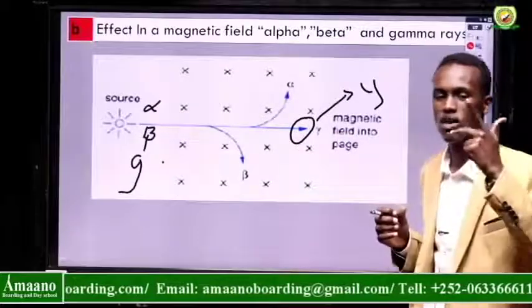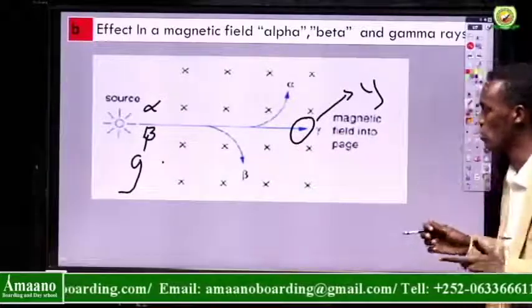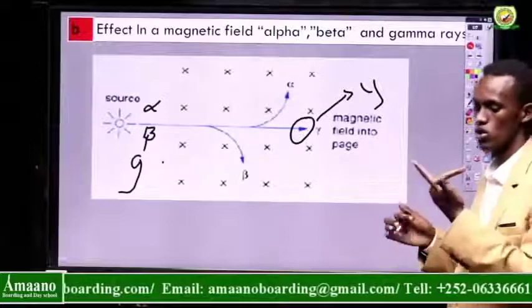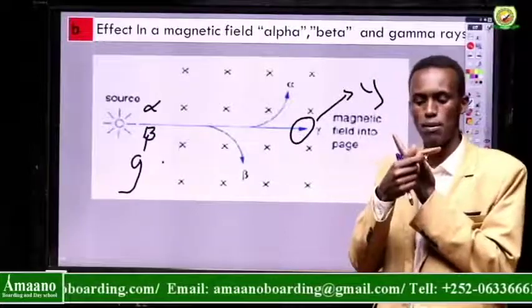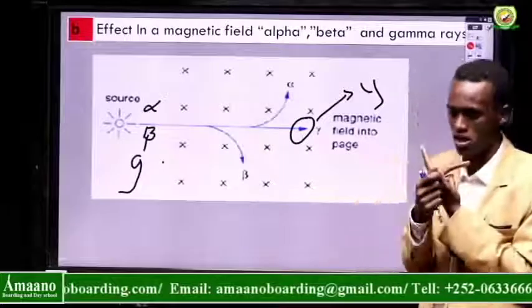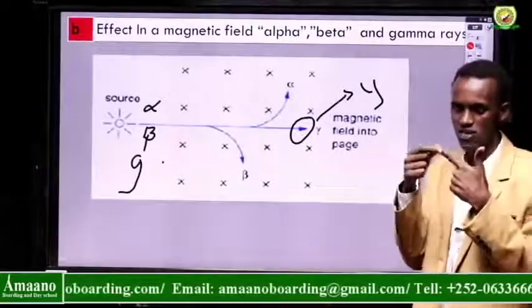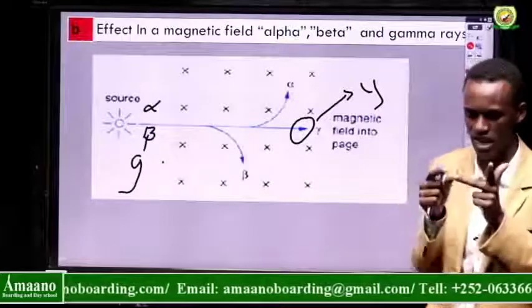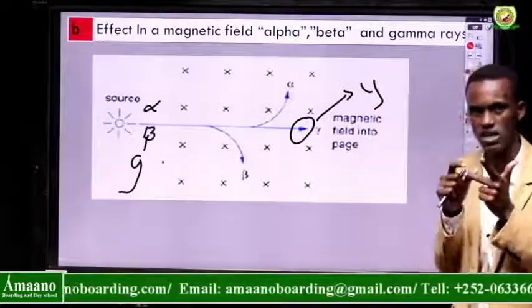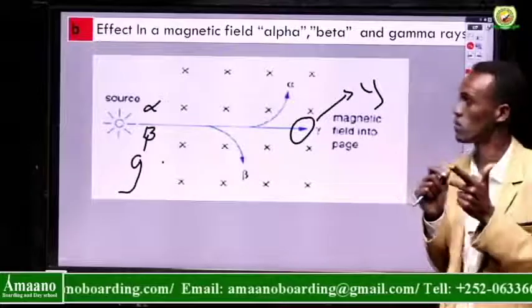We can determine using Fleming's left hand rule. The thumb points in the direction of motion, the direction it bends. The first finger points in the direction of magnetic field and the third finger shows the direction of current.